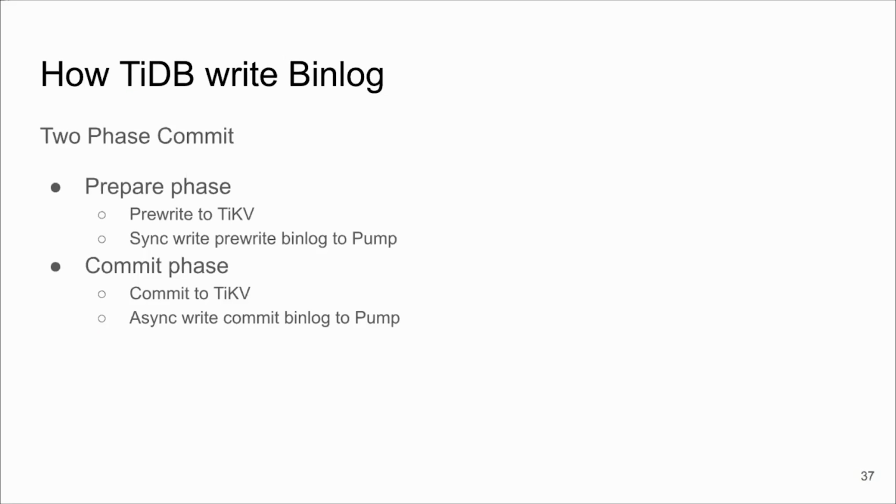So if you combined these two binlogs into a single binlog at the commit phase, your database transaction throughput would be limited because you write a lot of data downstream during the commit phase, so it would become the bottleneck. To avoid that bottleneck and achieve high throughput, you write the binlog during the pre-write phase.